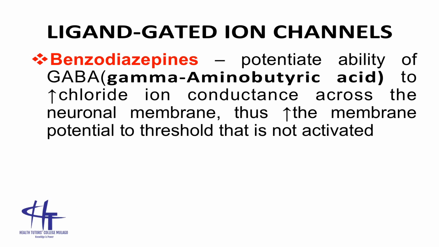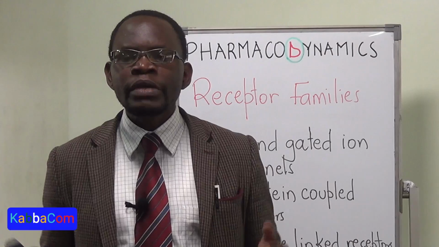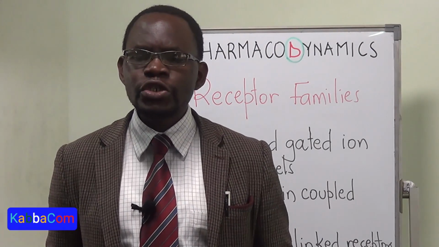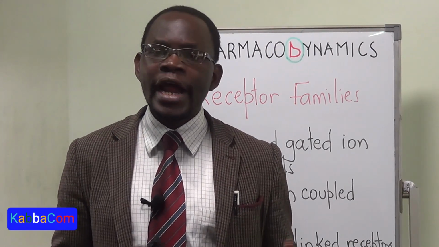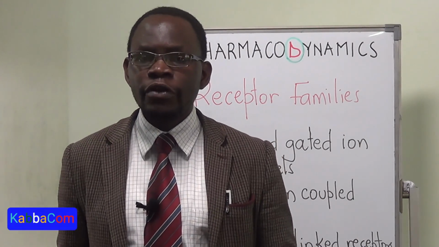So once they flow inside, they make the cell very electronegative and so, for that matter, very hard to excite. That is why patients who have convulsions are given benzodiazepine for this reason.